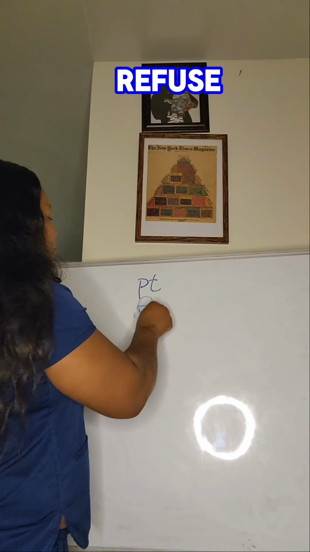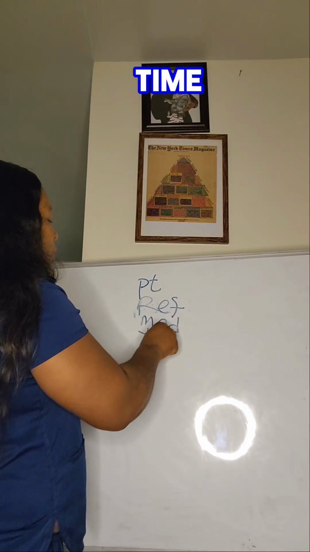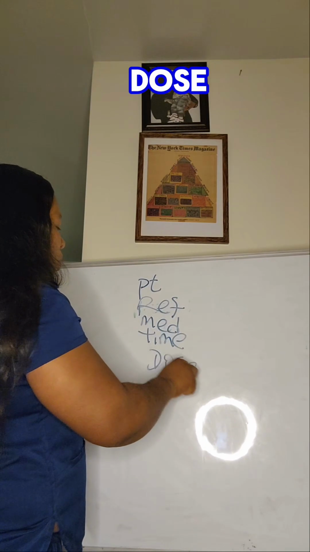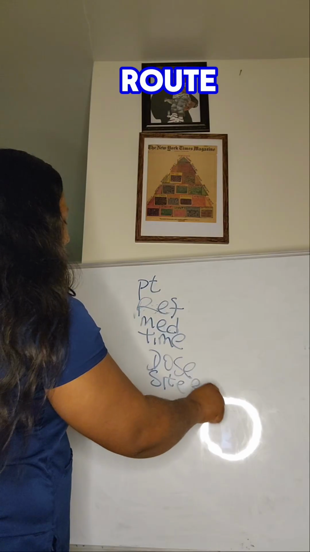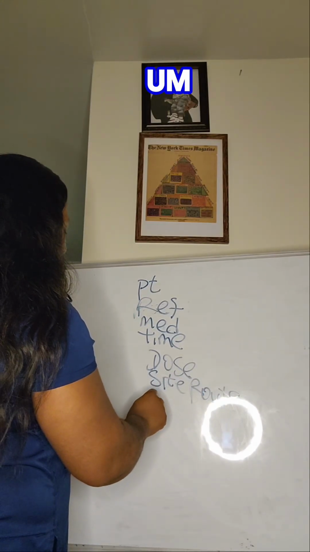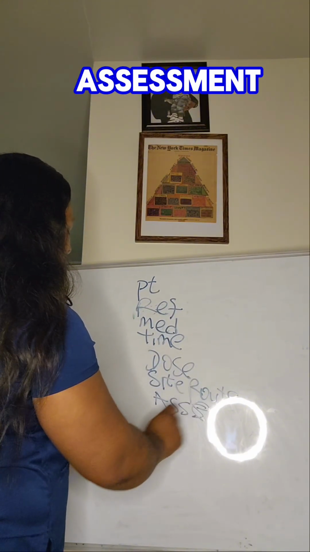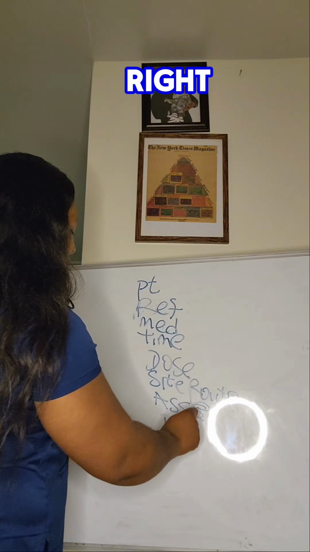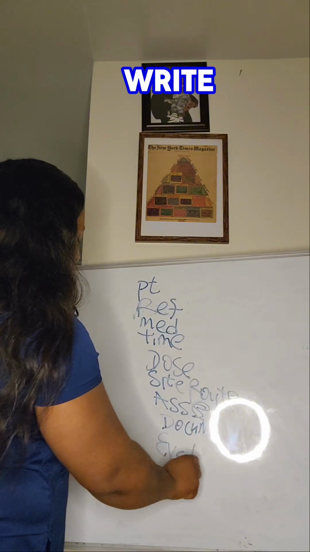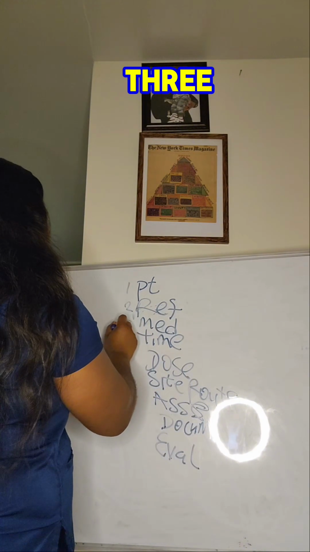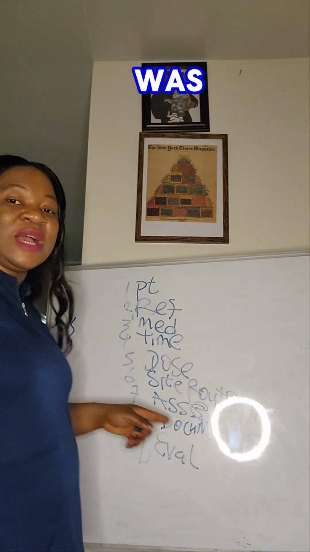Right patient, right to refuse, right medication, right time, right dose, right site or route of administration, right assessment, right documentation, and then right evaluation. 1, 2, 3, 4, 5, 6, 7, 8, 9. So I was able to get 9.